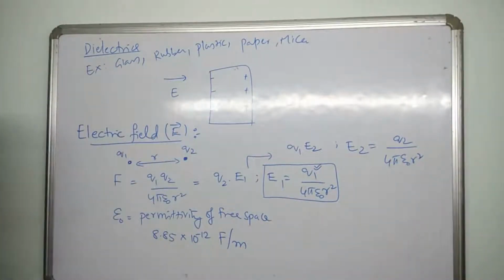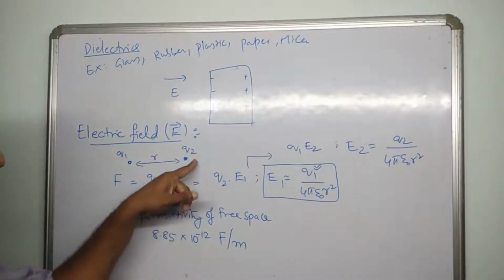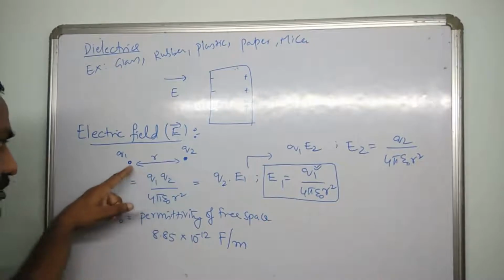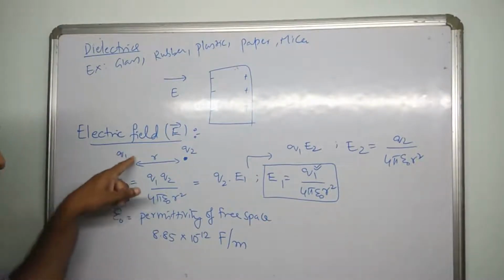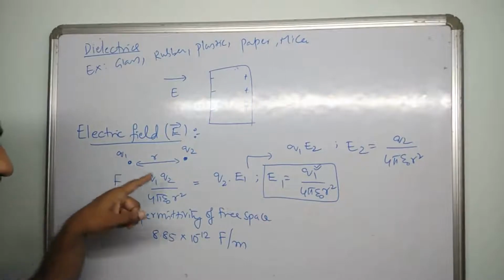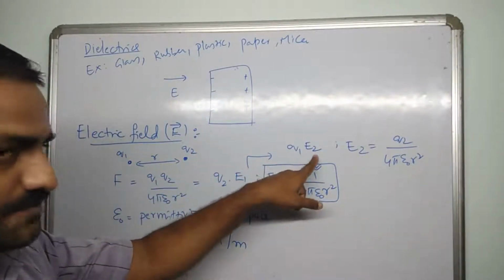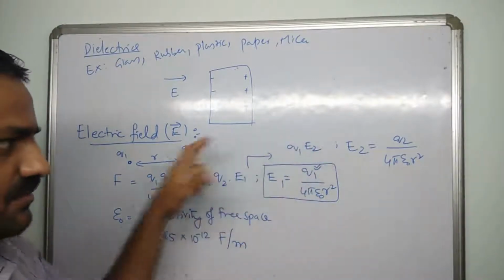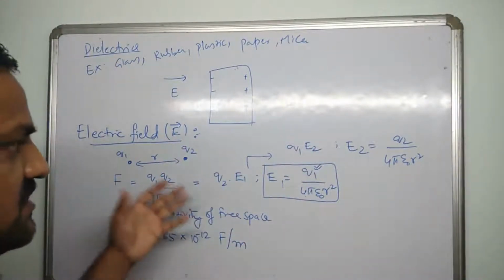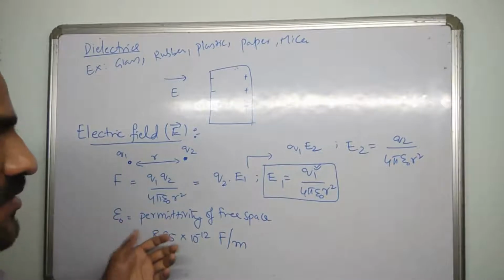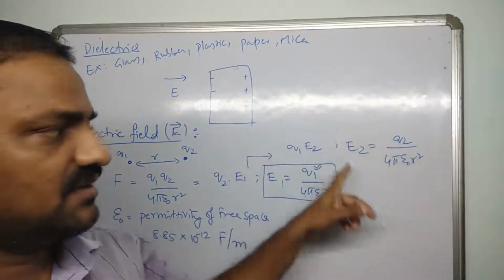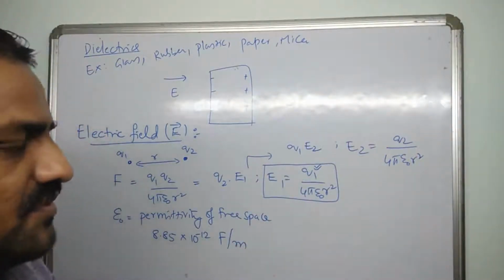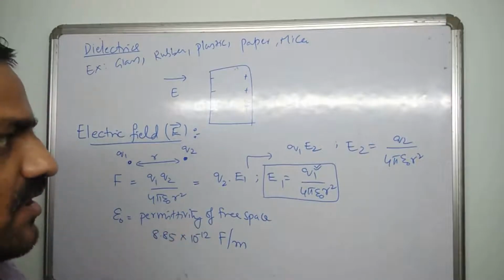You can think of the same situation in a different way, where Q2 is producing electric field at the location of Q1, and this electric field is causing a force on Q1 given by the same F is equal to Q1 E2. So force is the same, Q2 E1 or Q1 E2, right? So this is actually coming from Coulomb's law. So the concept of electric field or the intensity of electric field comes from Coulomb's law, right?